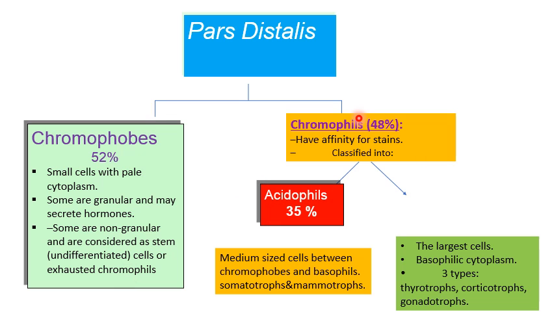Chromophils, 48%, have affinity for stains and are classified into two parts: acidophils, 35%, and basophils, 15%. Acidophils are medium-sized cells between chromophobes and basophils, and include two types, somatotroph and mammotroph. Basophils are the largest cells, have basophilic cytoplasm, and are of three types: thyrotroph, corticotroph, and gonadotroph.